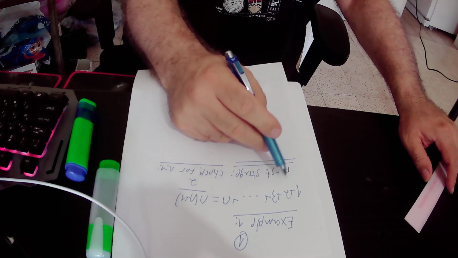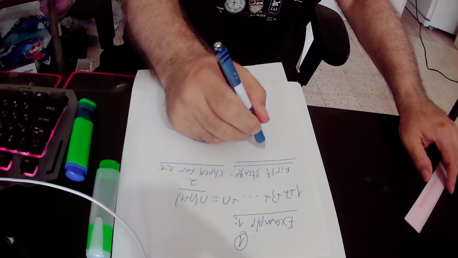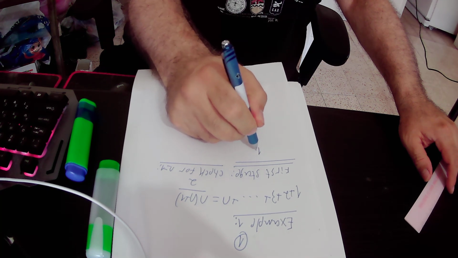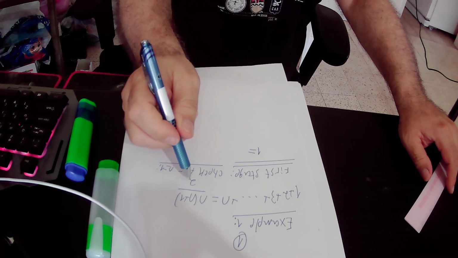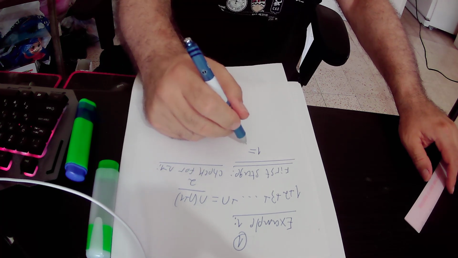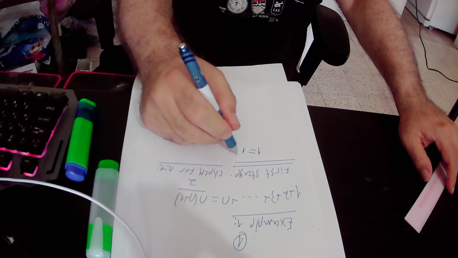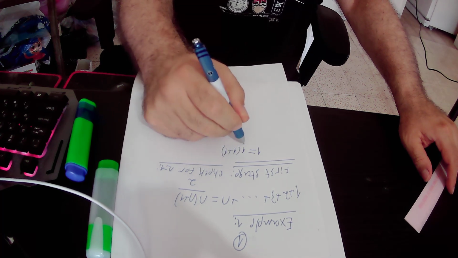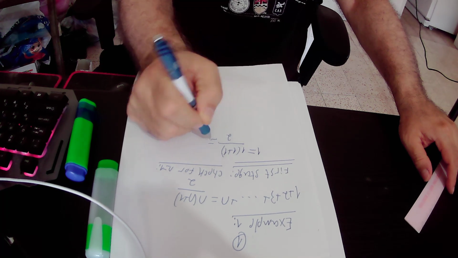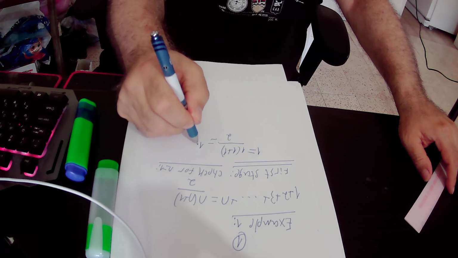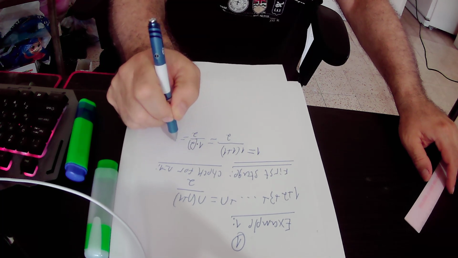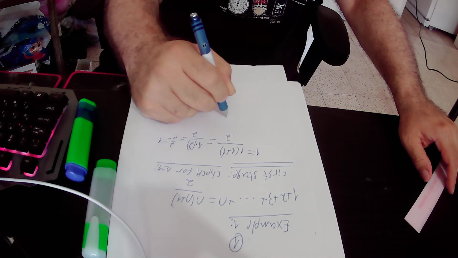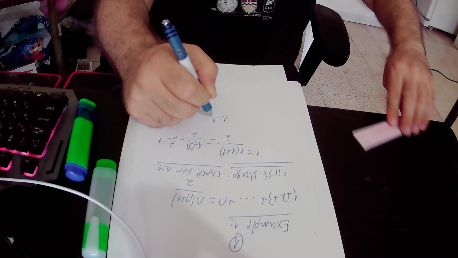So in this side of the equation we will have only 1 because n equals 1. 1 equals n times n plus 1 divided by 2. N equals 1, so it is 1 times 1 plus 1 divided by 2. This equals 1 times 1 plus 1 is 2, divided by 2. 1 times 2 is 2. 2 divided by 2 equals 1. So 1 equals 1.